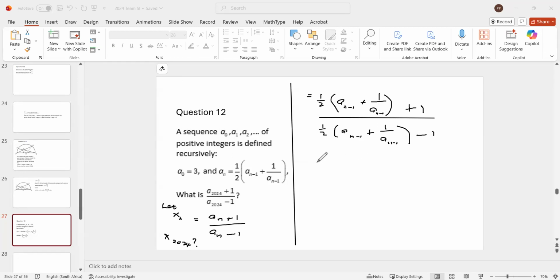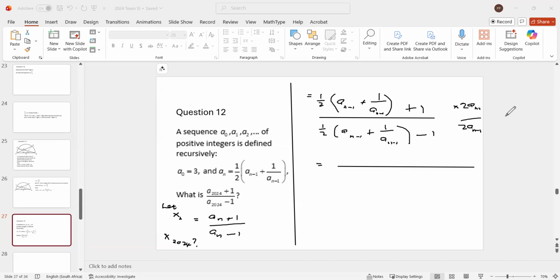All right, so let's try to simplify this. I have to multiply the numerator and denominator. I don't like fractions, so I can multiply numerator and denominator by a subscript n minus 1, and even 2. So multiply the top and the bottom by 2an minus 1, times 2a subscript n minus 1 over 2a subscript n minus 1.